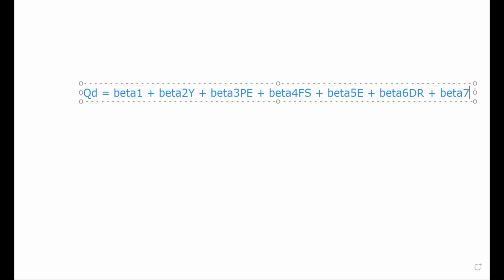For example, we have only 7 parameters in our model. This is the residual here.